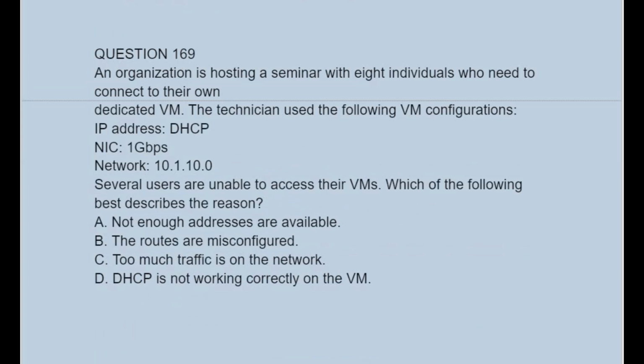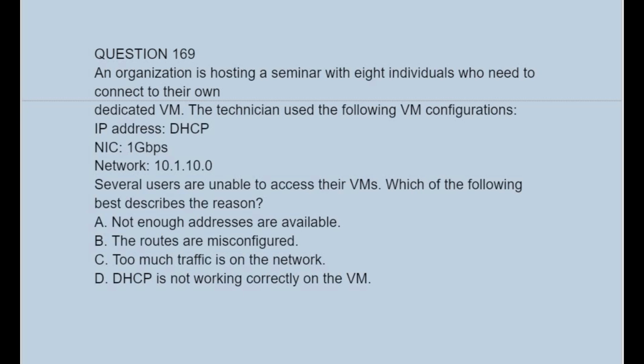Question is, an organization is hosting a seminar with 8 individuals who need to connect to their own dedicated VM. The technician used the following VM configurations: IP address DHCP, NIC 1 Gbps, network 10.1.10.0. Several users are unable to access their VMs.